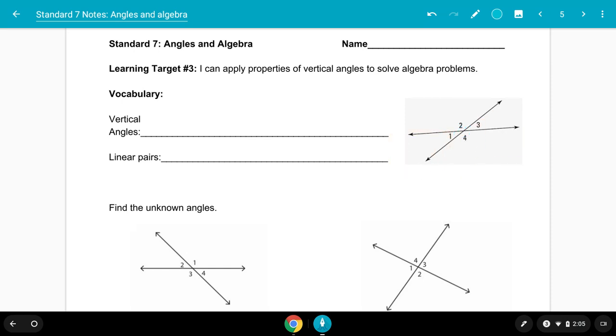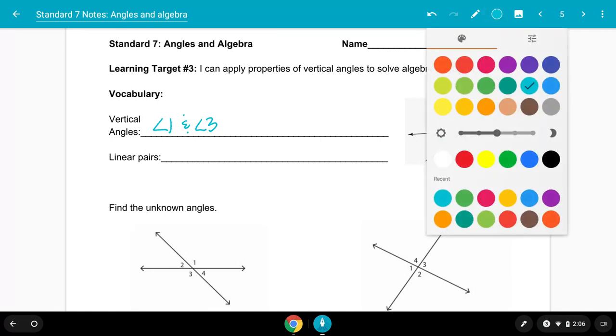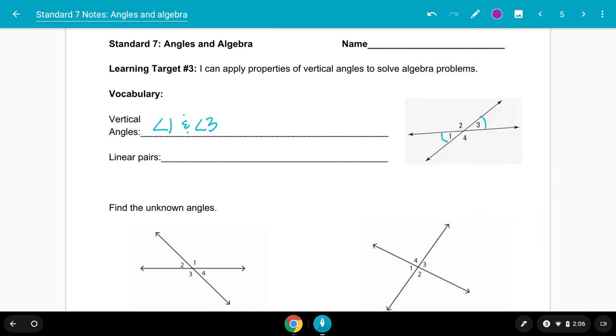Vertical angles are angles that are across from each other. Every time you have lines that intersect, two sets of vertical angles are formed. Angle 1 and angle 3 are one pair of vertical angles because they are across from each other.